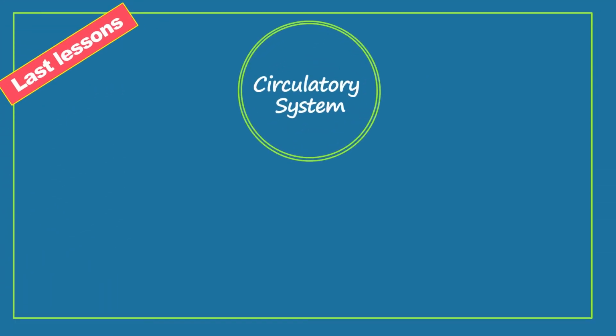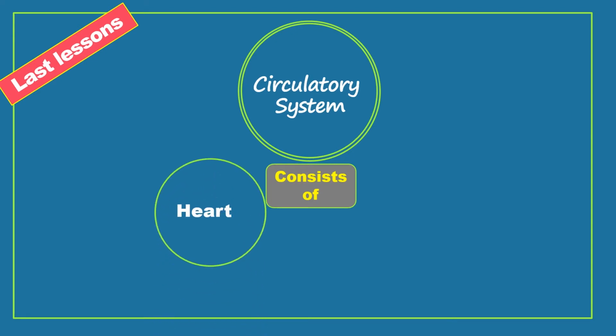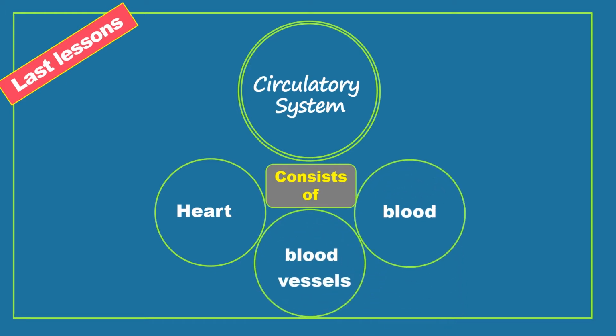Circulatory system. I said the circulatory system consists of three parts, which are heart, excellent, blood, and blood vessels, excellent.